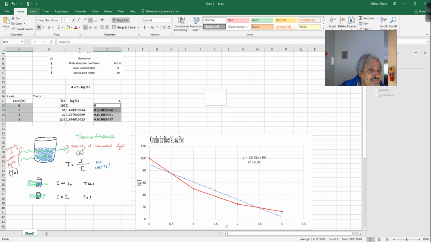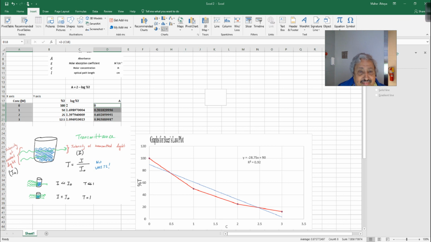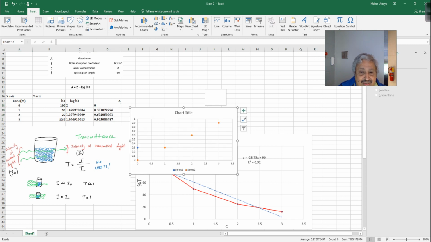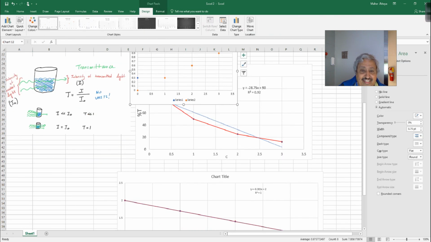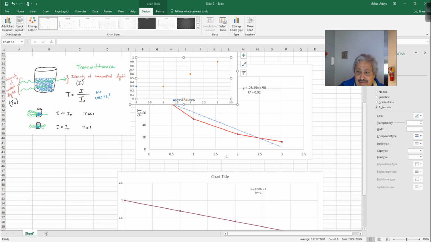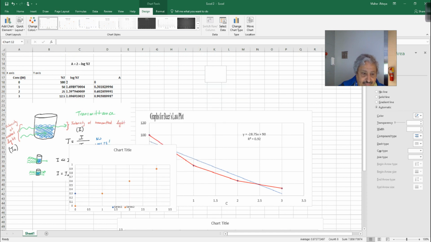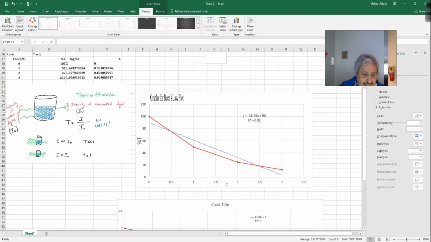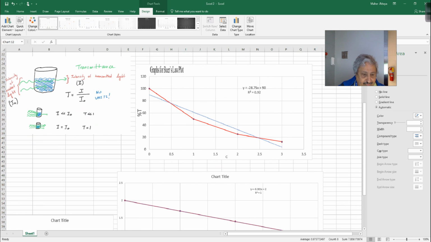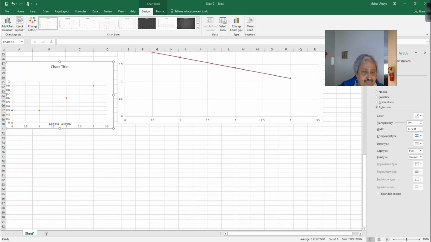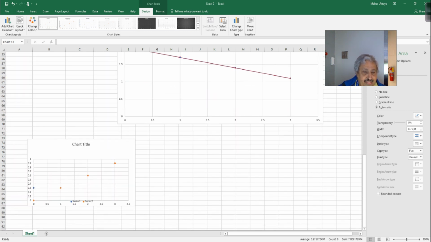Insert, scattering, and then take the whole thing. No, it's not allowing me. Let me go further. This is number 3.